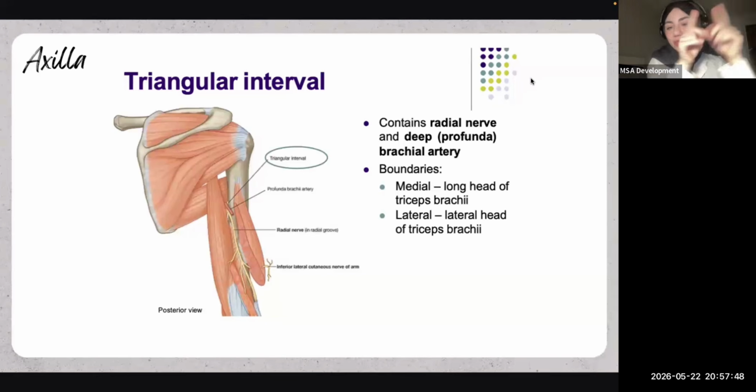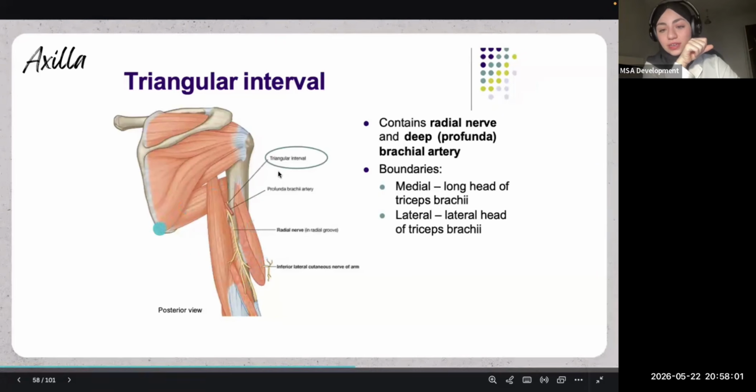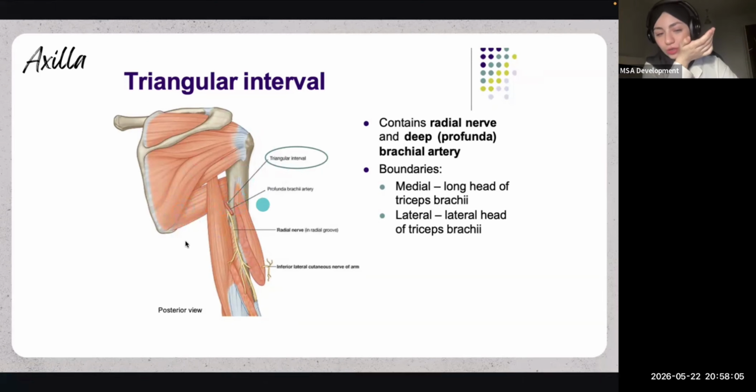Because it's the triangular interval, we're going to have medially the long head of the triceps and laterally the lateral head of the triceps. Anyways, triceps. And you could say that the teres major is the superior border, but it's an interval. We don't care about it being a space. It's just an interval. But it's going to pass by our radial nerve and deep profunda brachii artery.